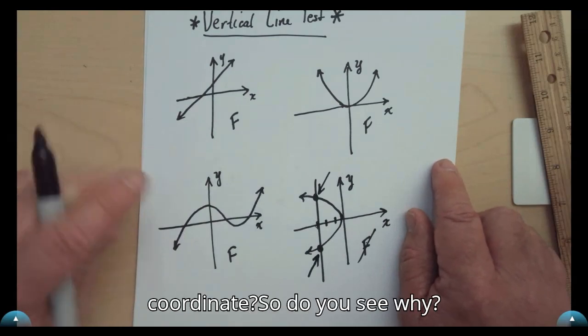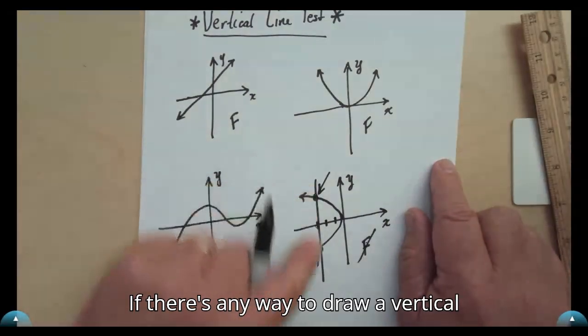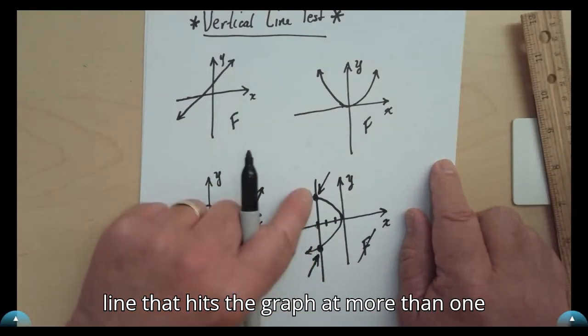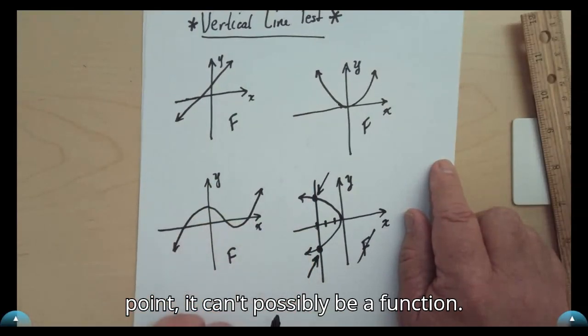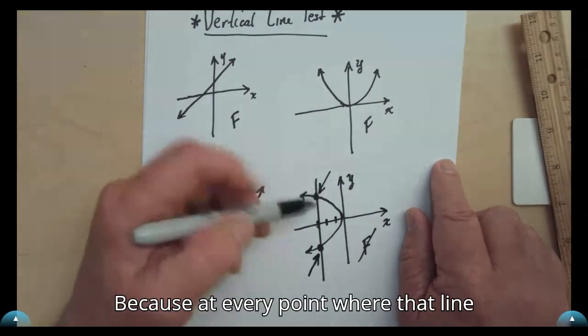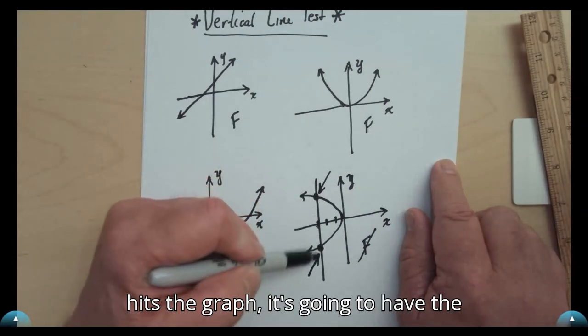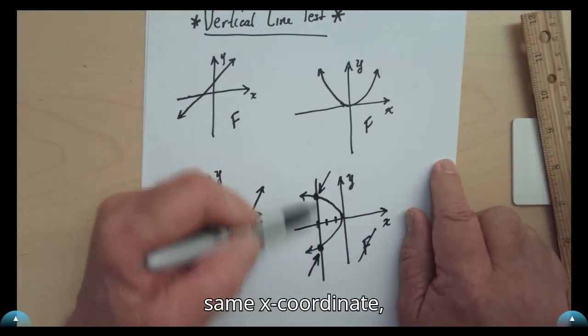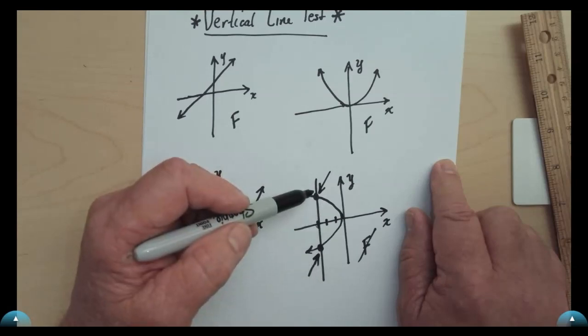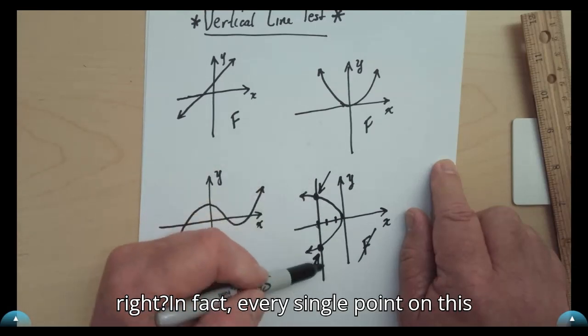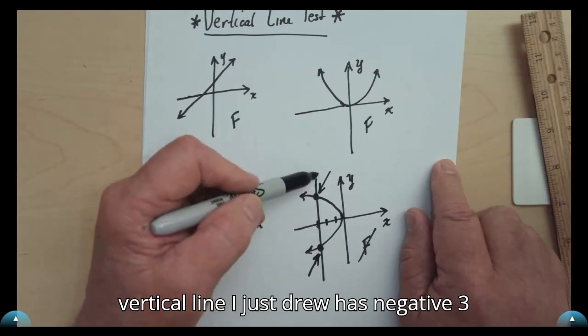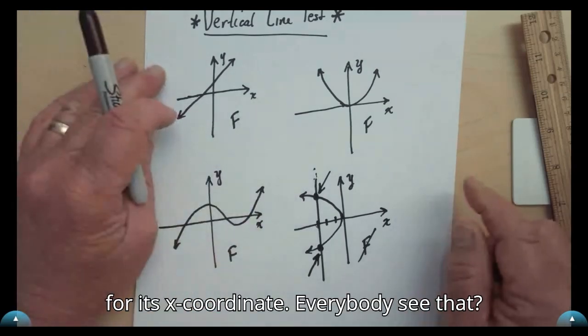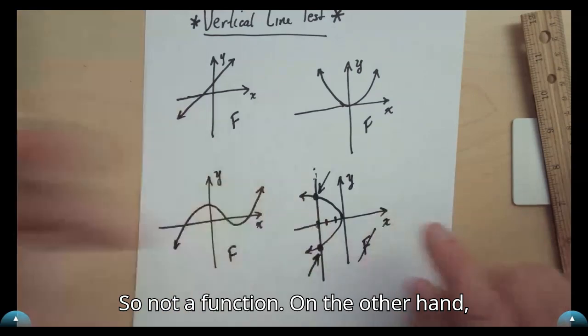So do you see why, if there's any way to draw a vertical line that hits the graph at more than one point, it can't possibly be a function? Because at every point where that line hits the graph, it's going to have the same X coordinate, right? In fact, every single point on this vertical line I just drew has -3 for its X coordinate. Everybody see that? So not a function.